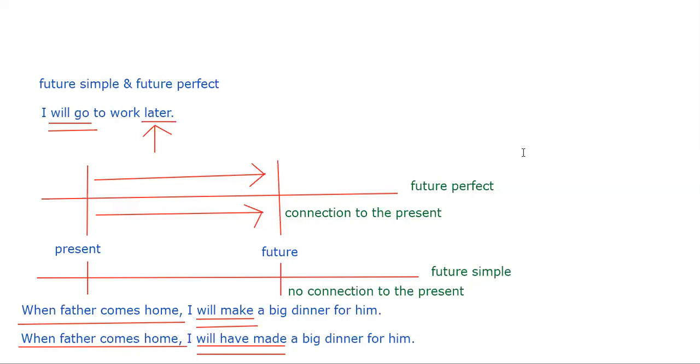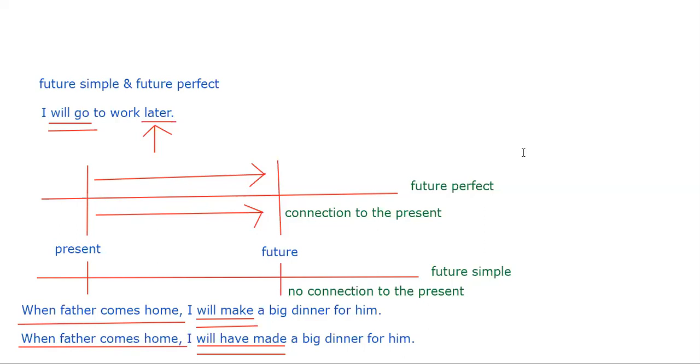But the thing is, when you use would have like that, it's a past conditional mood essentially. So you can't really say when father comes home, I would have made dinner for him. It just doesn't make any sense to say that because, again, would have implies something that happened in the past.